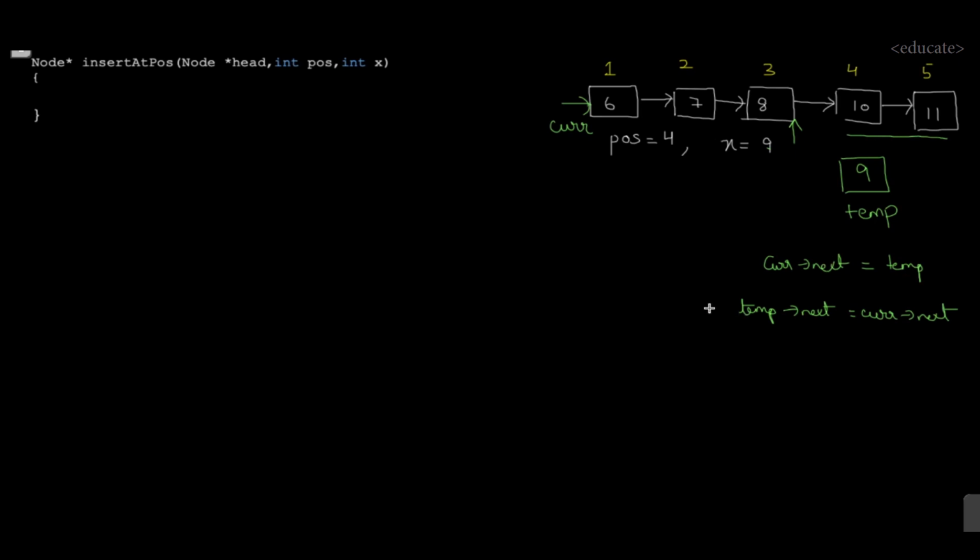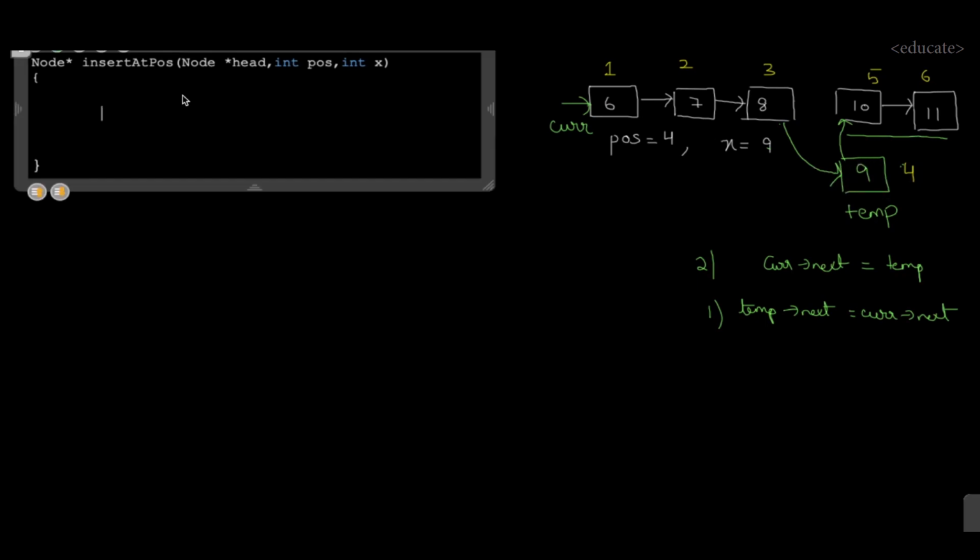So first we will do temp of next equals current of next. That is, we will link temp to current of next. After this step, we will do current of next equals temp. Reason being, now we can break this link, as we have hold of the remaining linked list through variable temp. So finally my linked list will look like this with 9 at the 4th node.